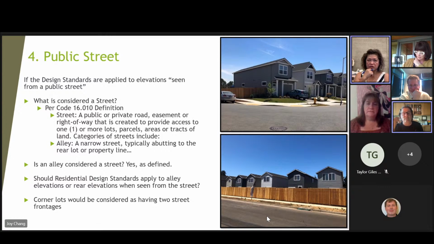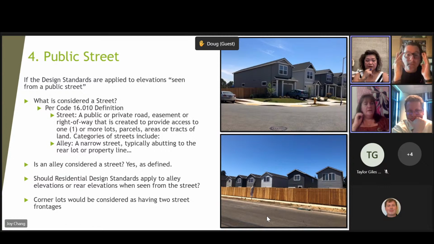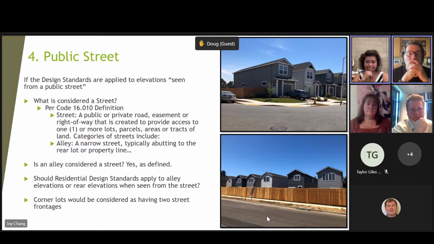So usually those are access easements, pedestrian and bicycle access easements, because usually those are owned by the BPA or PGE, and the public has a right to access it, but it is not considered public right-of-way. Okay, thank you. Councilor Scott?